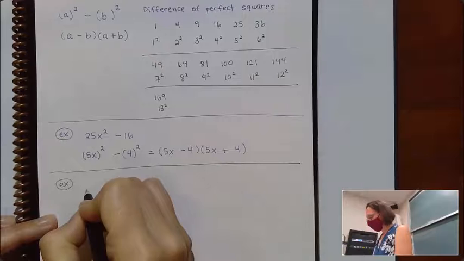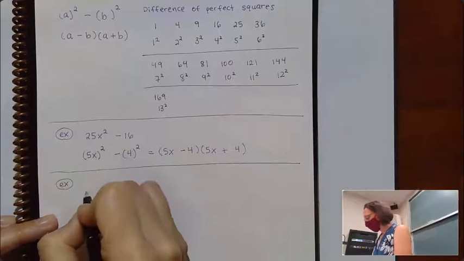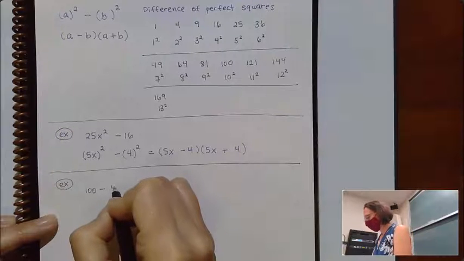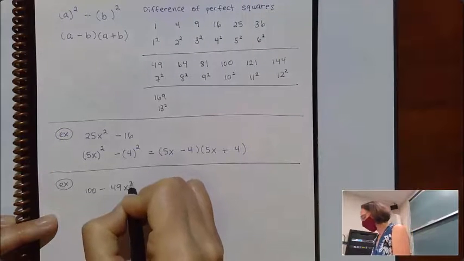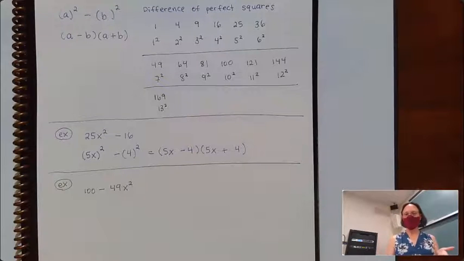So if I asked you to factor 100 minus 49x squared, get that one factored on your paper. And if you've joined me on Zoom, you can put a final answer in the chat.